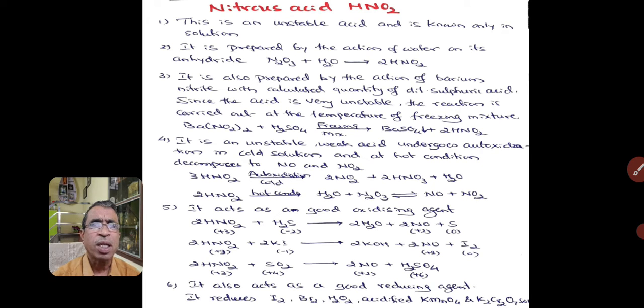So in this case, the nitrogen oxidation state in HNO2 is +3 and this gets oxidized to +4 in case of nitrogen dioxide and then +5 in case of the nitric acid.